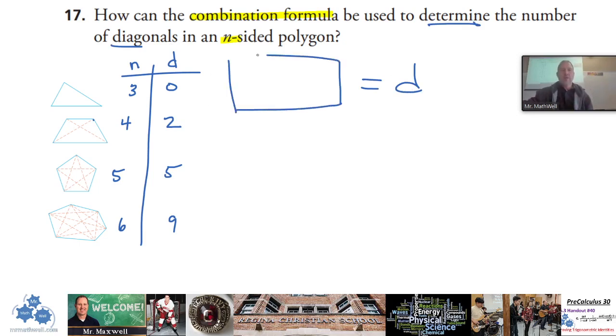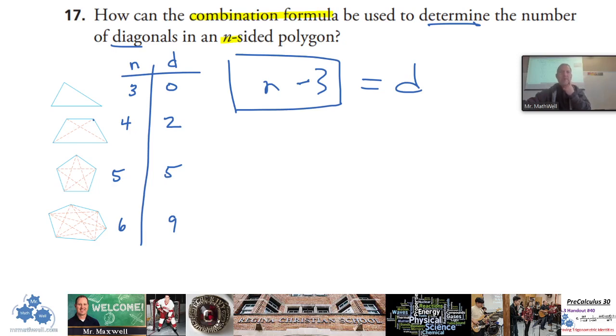So how can we use n in some kind of combination formula? We're going to use n and what to find d? So the number of sides 3 has to get to 0. We could do n minus 3, but that doesn't use the combination formula, and I don't think that works for the other ones. 5 minus 3 is not 5.